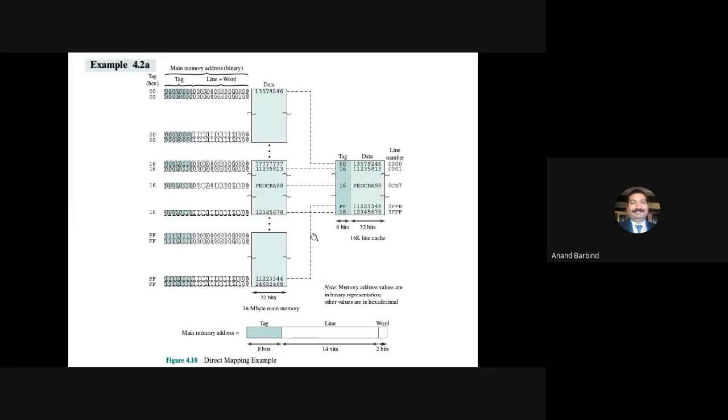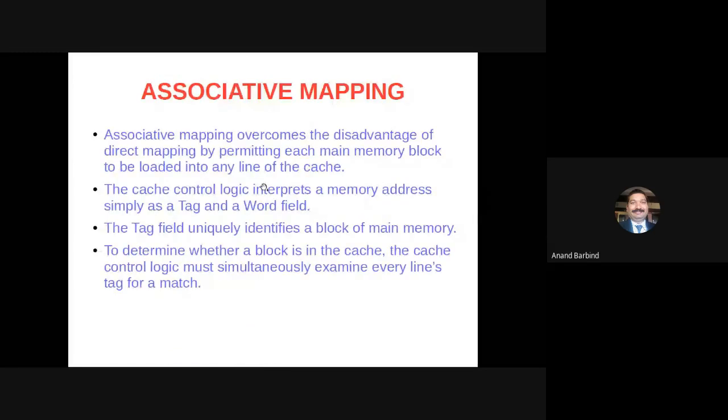So the disadvantage with the direct mapping is that you have only one line in the cache where a given block from the main memory can be stored, because it is the direct formula, and whatever line number that mod formula gives, there you need to store that particular block.